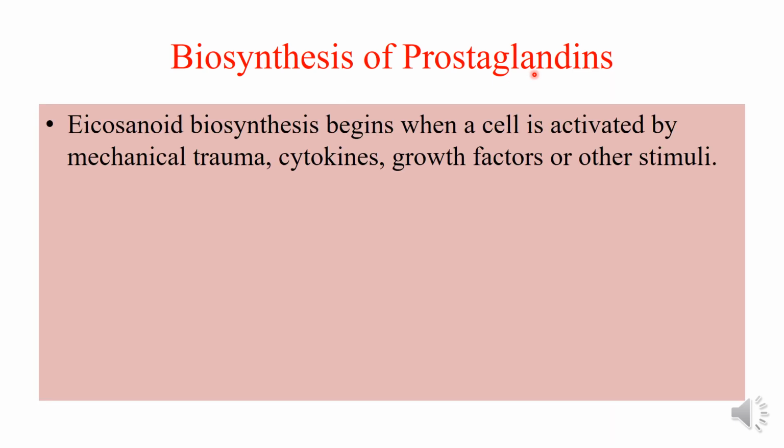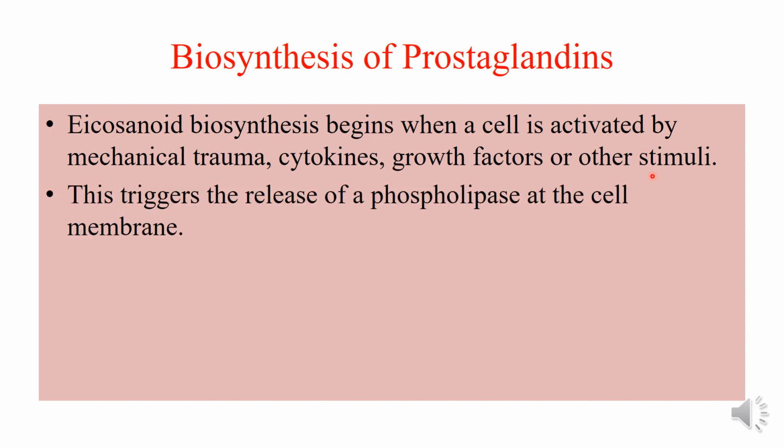Eicosanoid biosynthesis begins when a cell is activated by mechanical trauma, cytokines, growth factors, or other stimuli. So there is a stimulus that is needed for the biosynthesis of prostaglandin. This triggers the release of the enzyme phospholipase at the cell membrane.